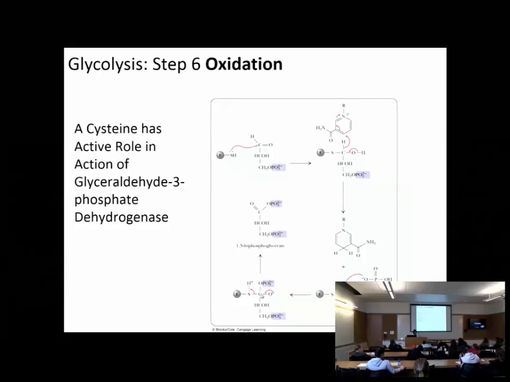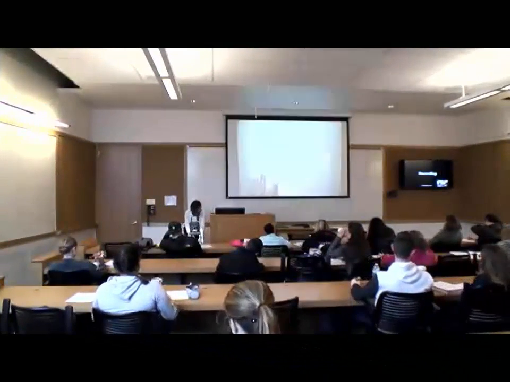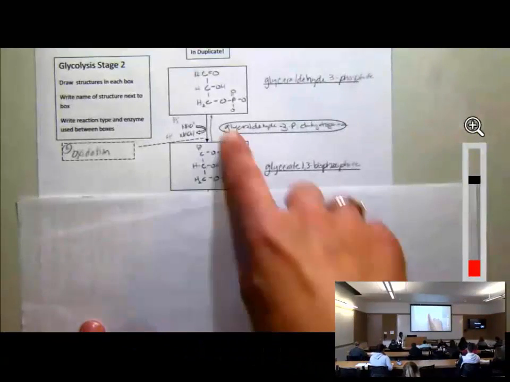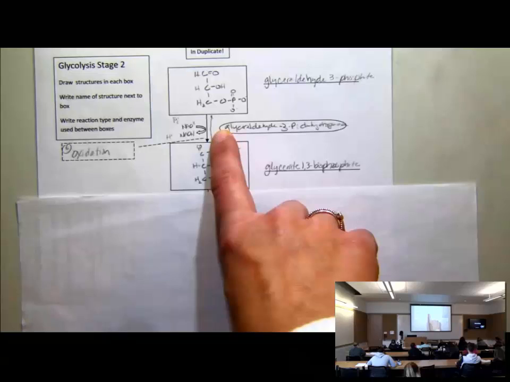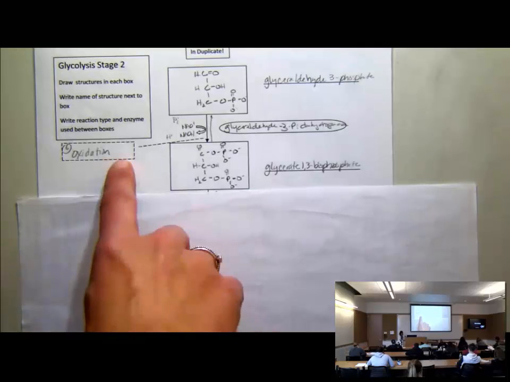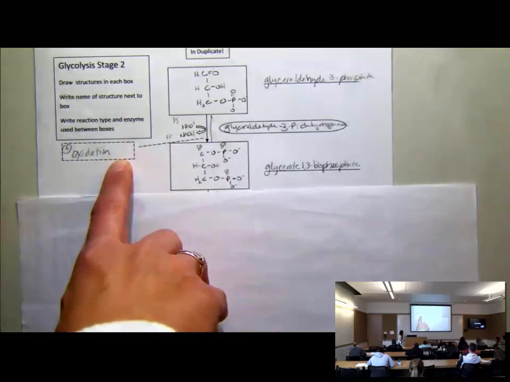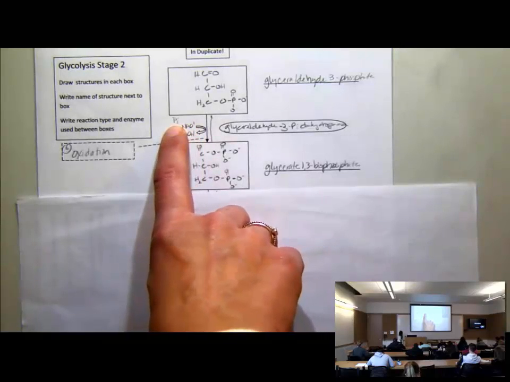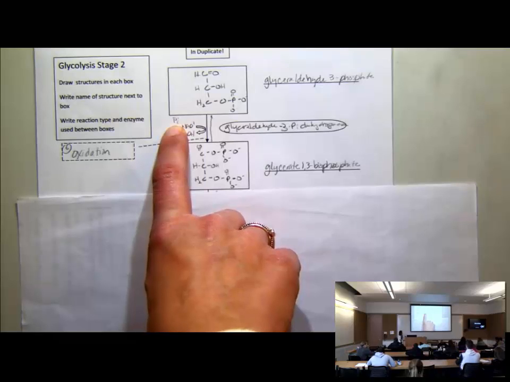So let's go to our document camera and summarize this. Again, I have a double arrow because that delta G is so close to 0. We're going to call it an oxidation. You can add phosphorylation on there. But that inorganic phosphate is that PI, that HPO4.